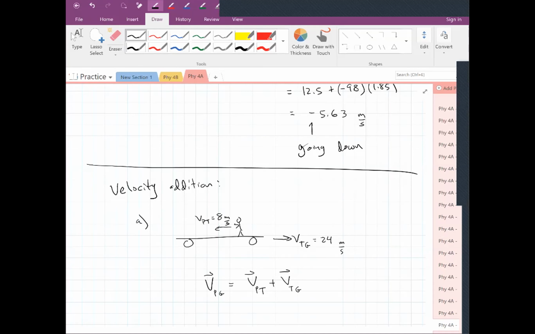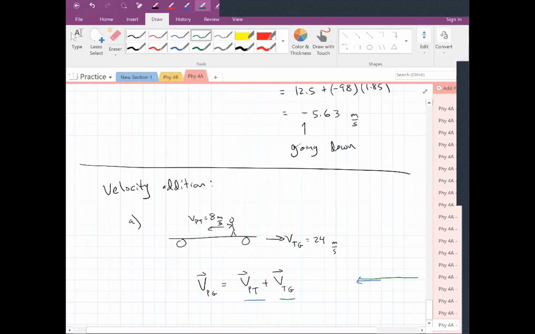Boats crossing rivers and airplanes flying through the air and things like that. So we start with the velocity of the person with respect to the train. That's this vector here, 8. Then we add to that the velocity of the train with respect to the ground. That's this one here.